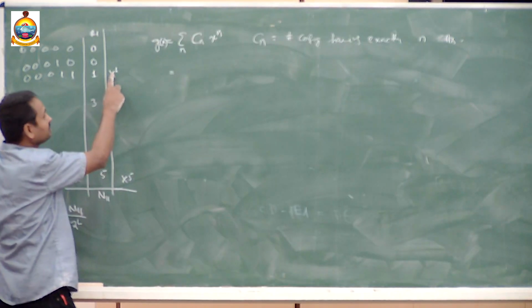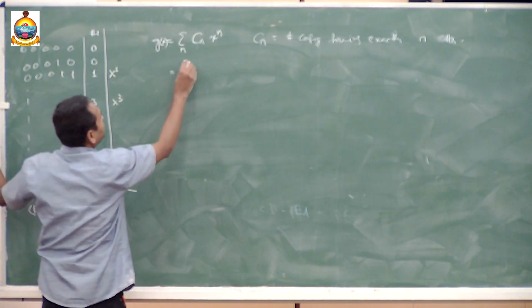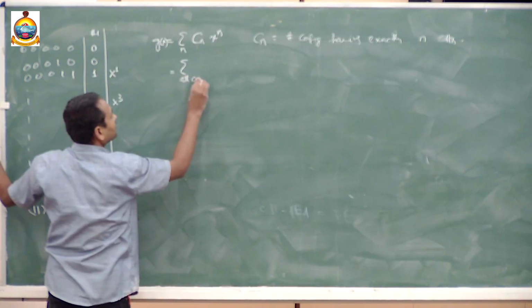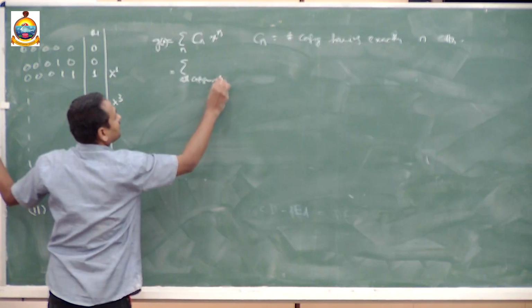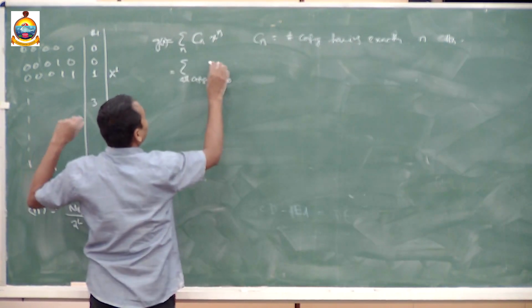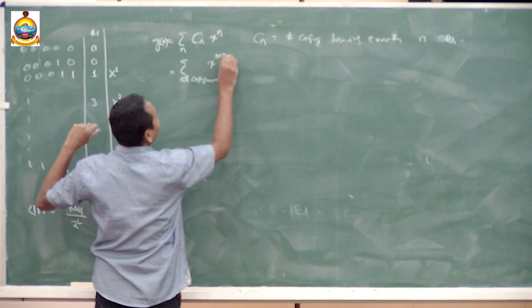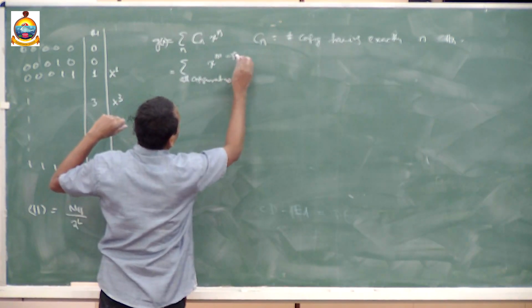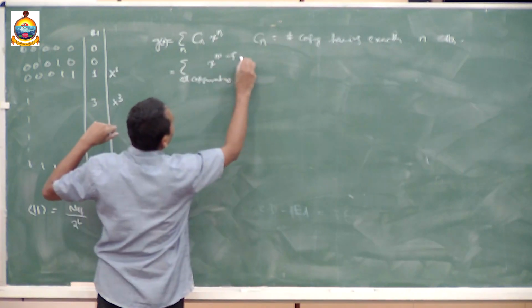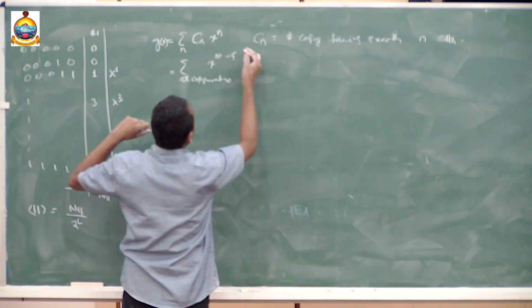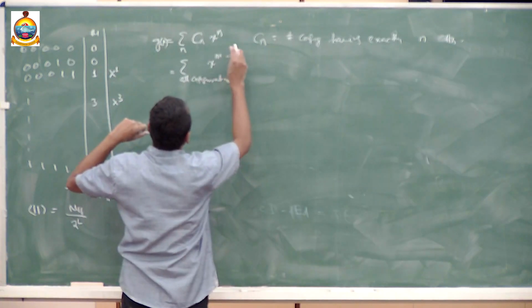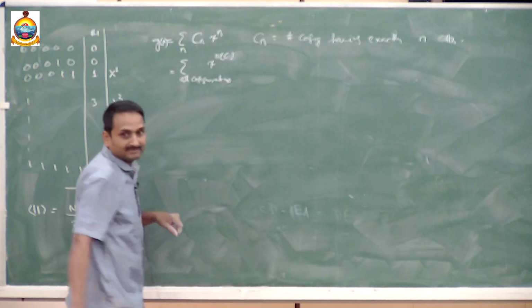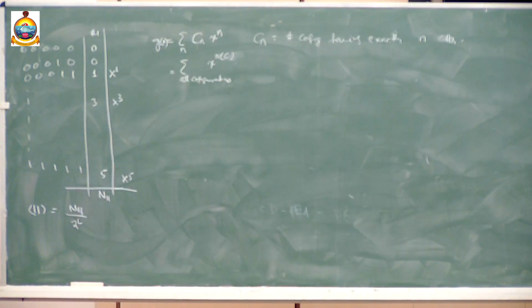So instead of doing this sum, you can call it a sum over all configurations of x to the power n, where n is the n of that configuration.